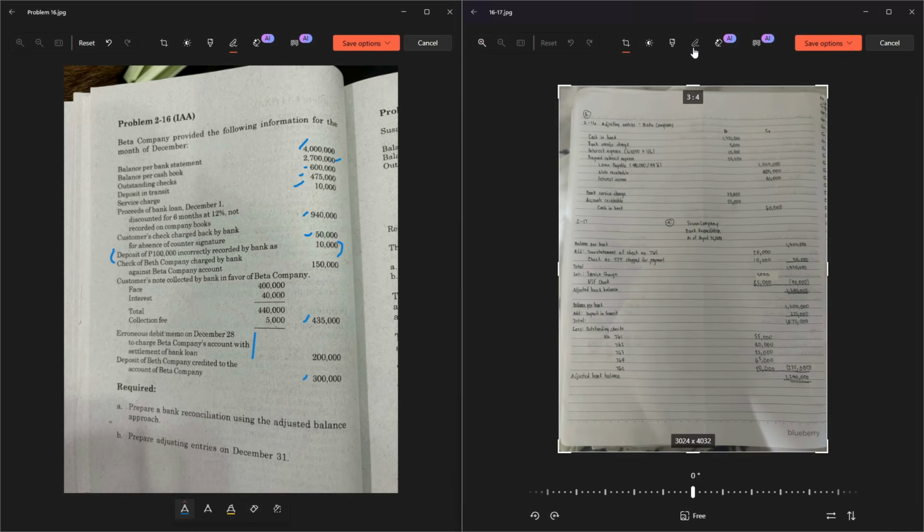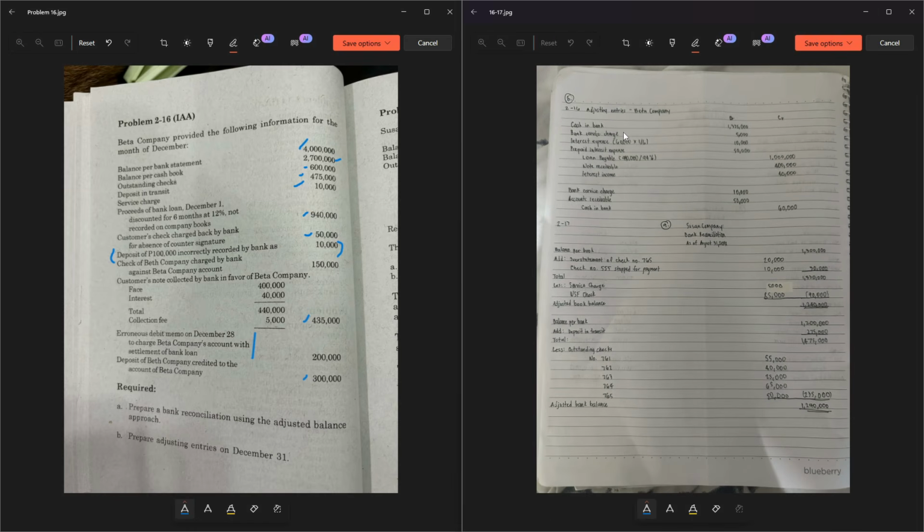And now here, the adjusting entries for Beta Company. Cash in bank, 1,375,000. Bank service charge, 5,000. Interest expense, 10,000. So where did the interest expense come from?